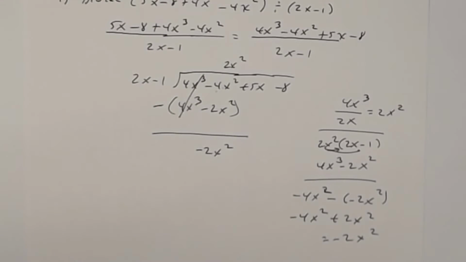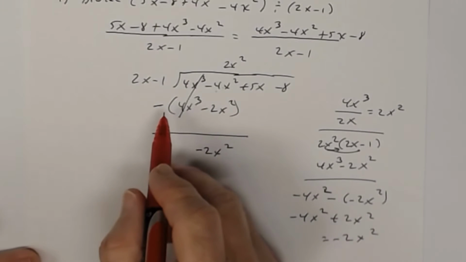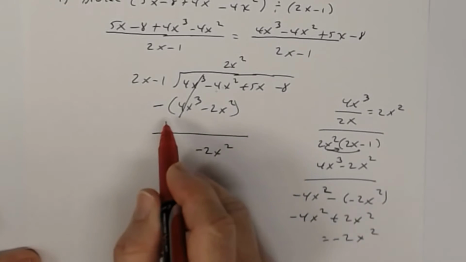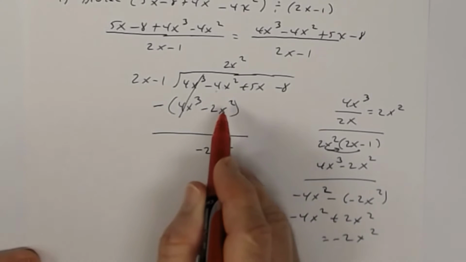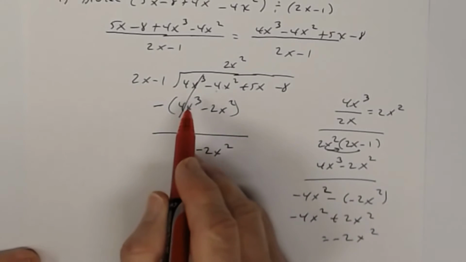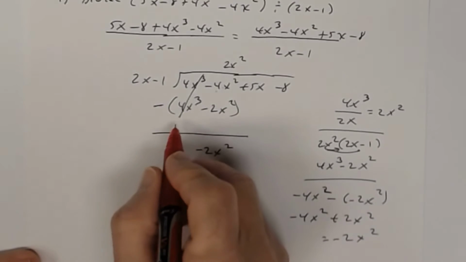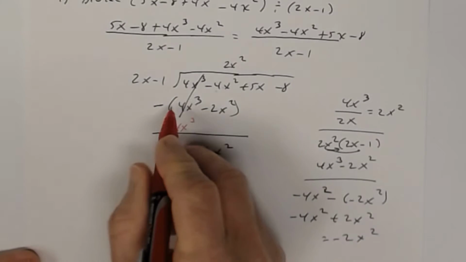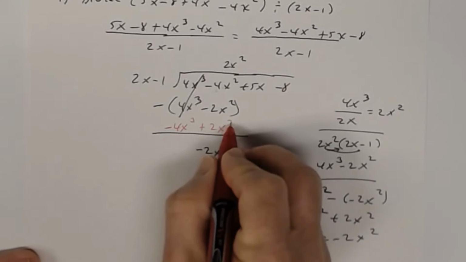Now, remember, one of the things we said some of you may want to do is write here, and we did this in red before, the equivalent expression for this. Think of this as the opposite. The opposite of 4x cubed is negative 4x cubed. The opposite of a negative 2x squared is a positive 2x squared.